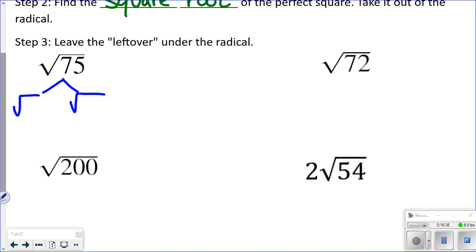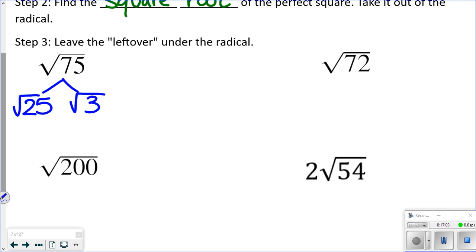Yes, that works. So it's divisible by 25. And 25 times what, 3, gives us 75. So I've done step 1. I found the largest perfect square, and I'm breaking it down using that number. So 25 times 3 gives us the 75.